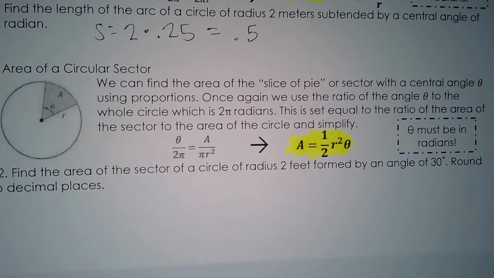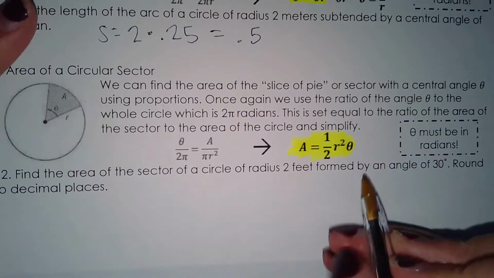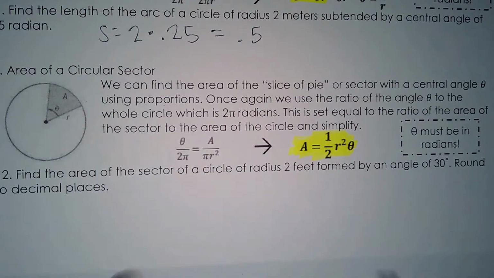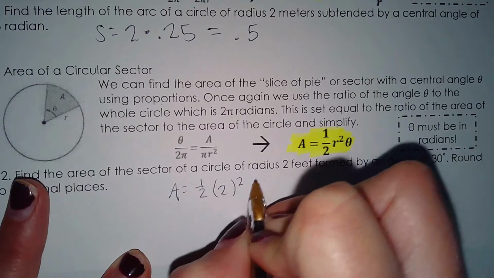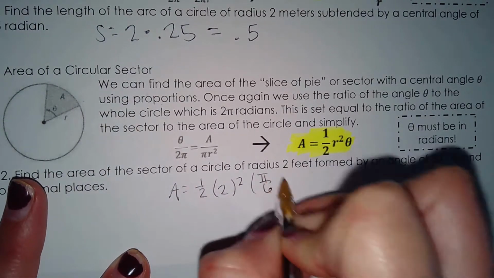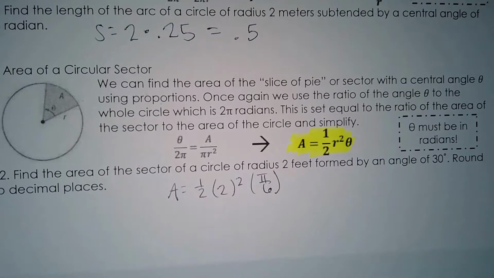Do you remember how to convert from radians to degrees? Okay, we'll go over that tomorrow. It's pi over 6. So we'll plug that in for our theta, and our radius was 2. So we'll have A equals 1/2 times 2 squared times pi over 6. That's something that you'll memorize, but it's just 30 degrees converted to radians.